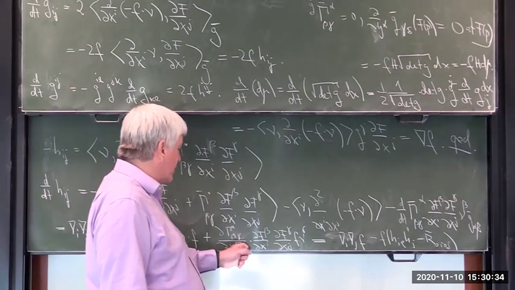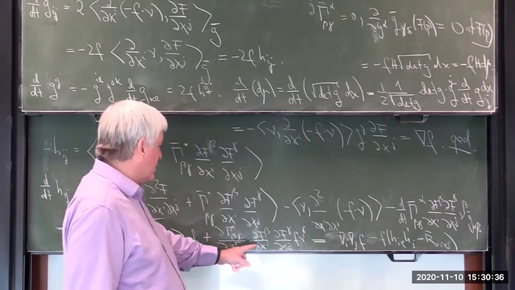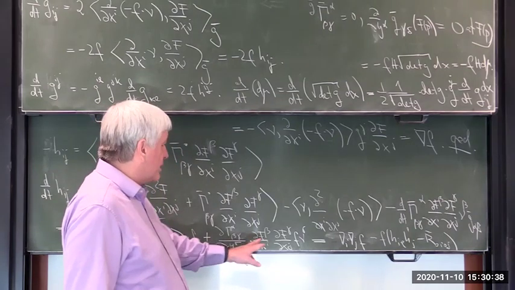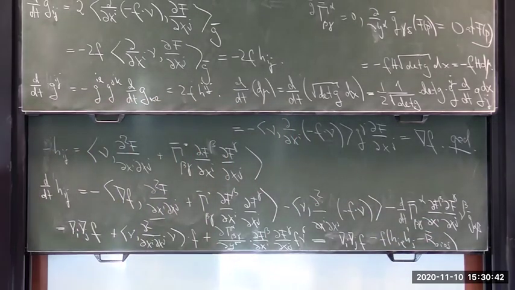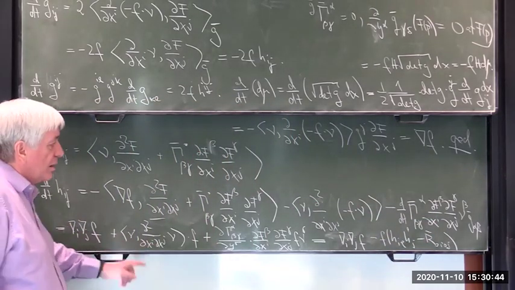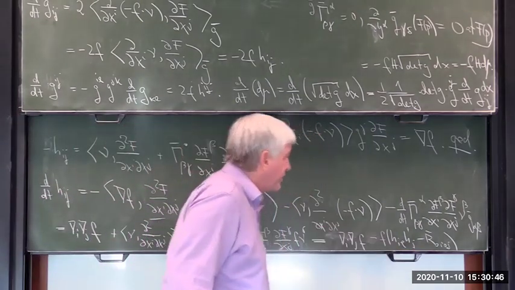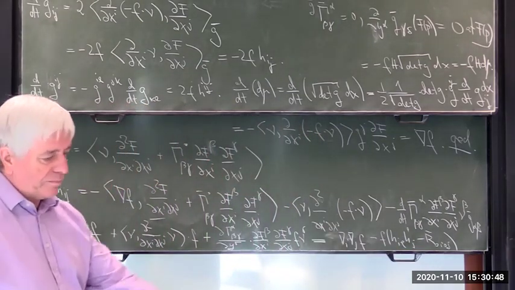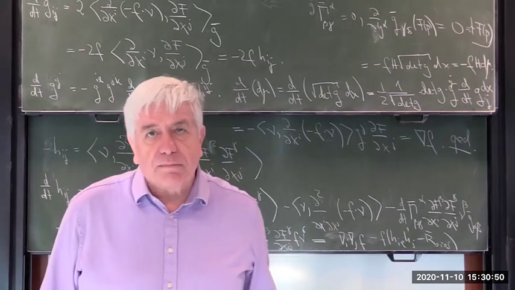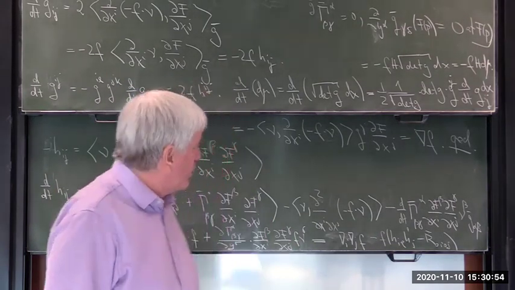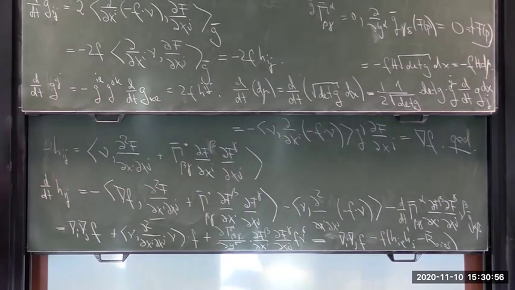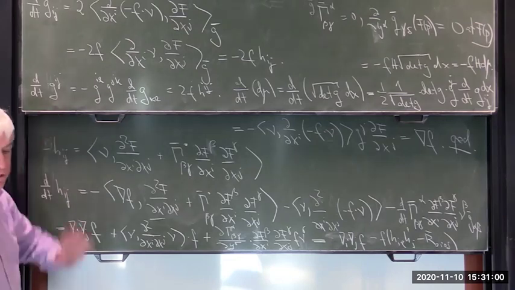So I claim this term here combines exactly with this term here, with the term coming from here, in order to give you this curvature term. And I leave that as an exercise. Okay, that is a derivation of the main curvature quantities that you get in the main theorem.